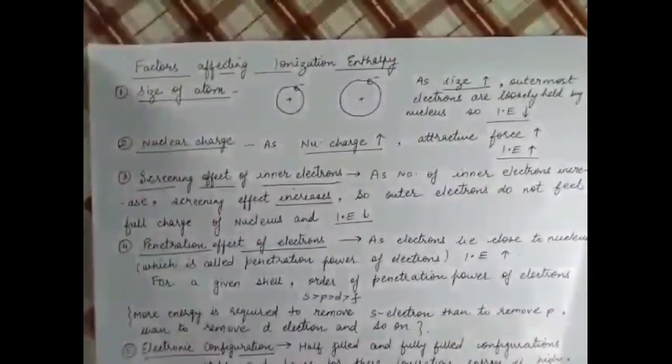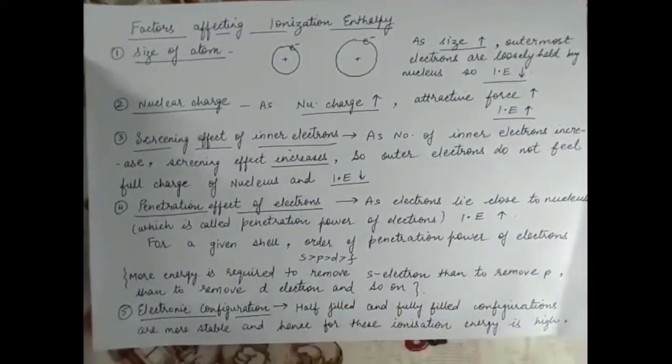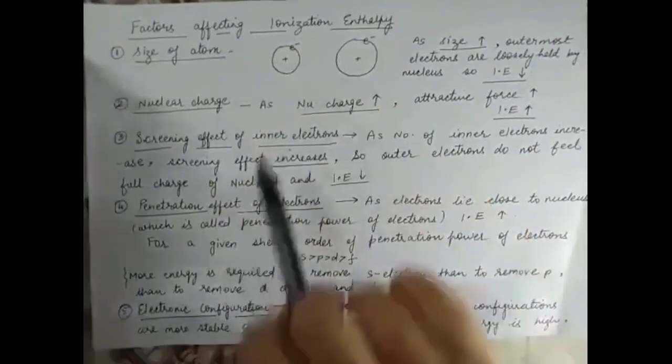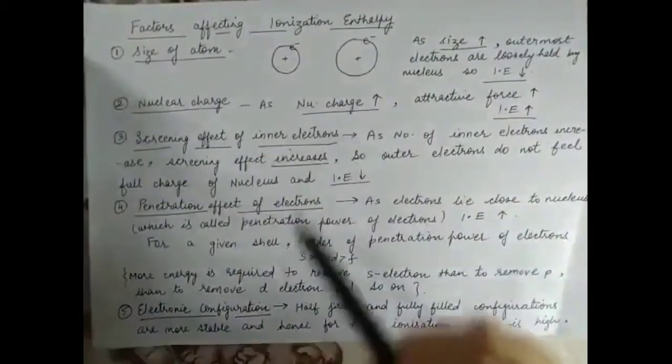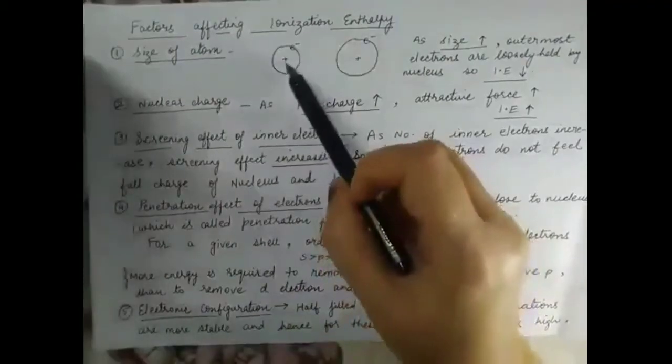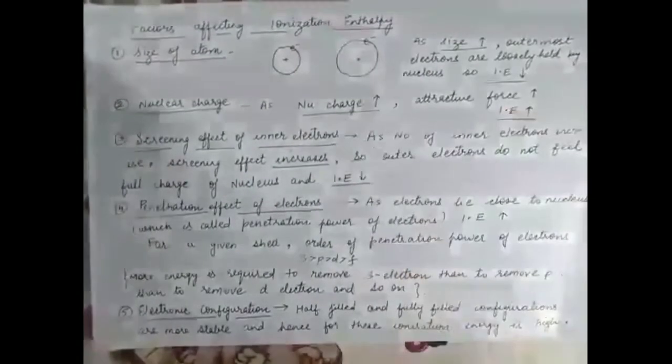Now, on what factors does this ionization enthalpy depend? The first factor is size of atom. Now consider 2 atoms. This atom is smaller in size, this atom is larger in size. Now you can see the difference. Here the distance between nucleus and electron is less, and here the distance is increasing.